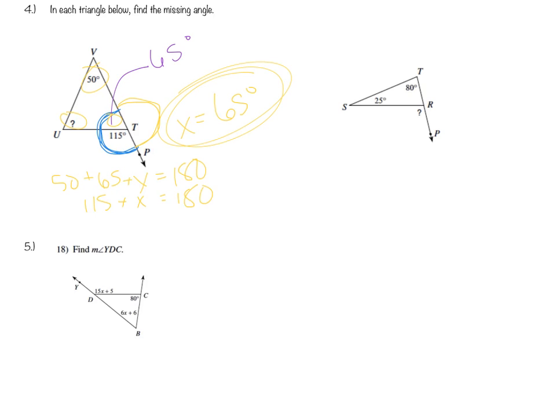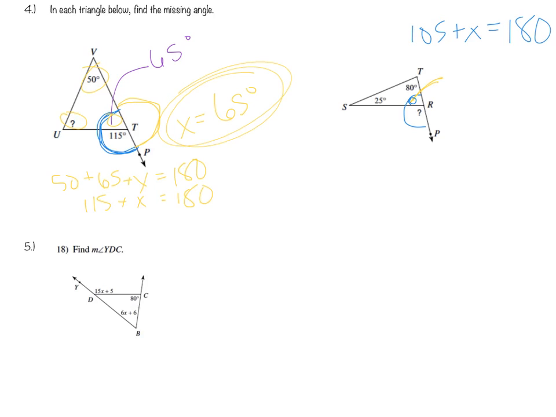This next one, same thing that we just did on the other side, that these two angles have to equal 180, except we need to find this angle first. So 80 and 25 makes 105, and if we add this first missing angle, they have to equal 180.